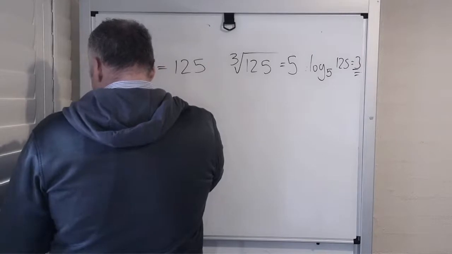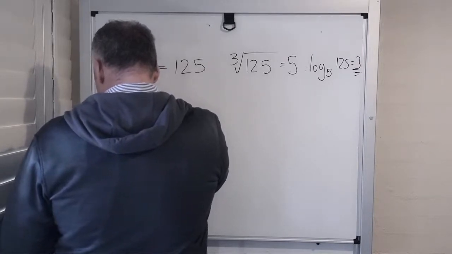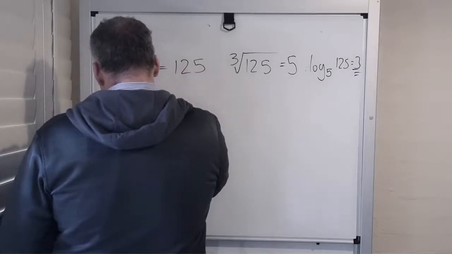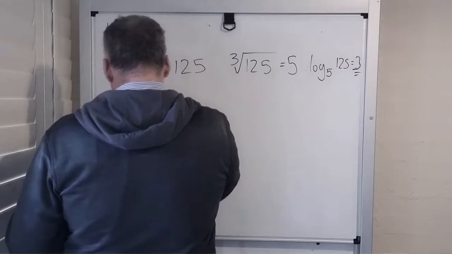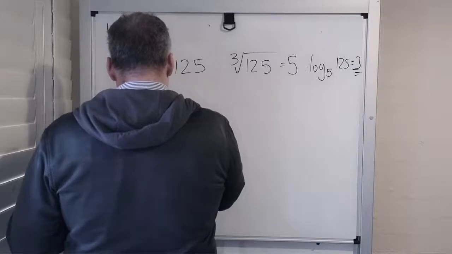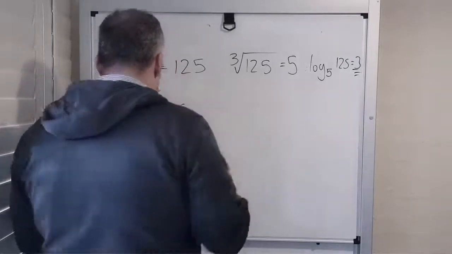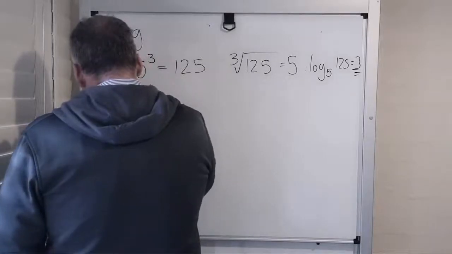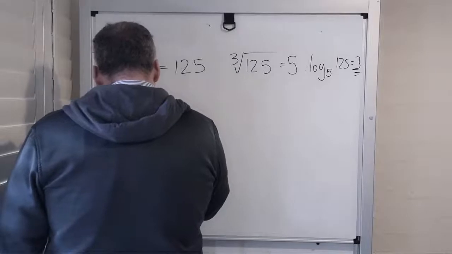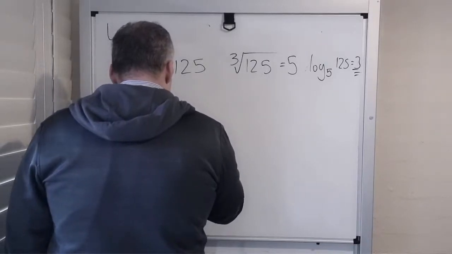say you've got something like 10 to the 3 times 10 to the 2, that's going to equal 10 to the 5. Or 1,000 times 100 equals 100,000.